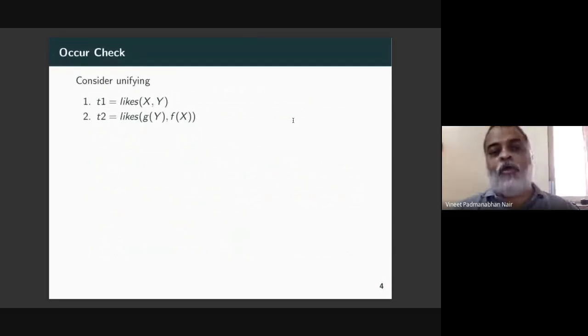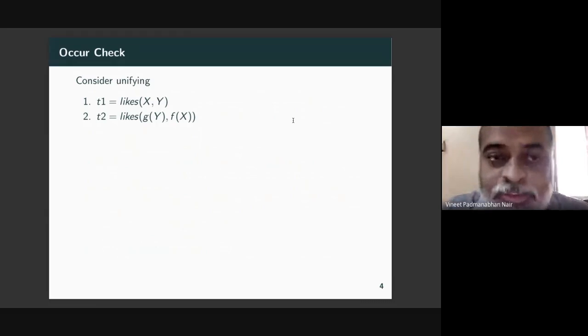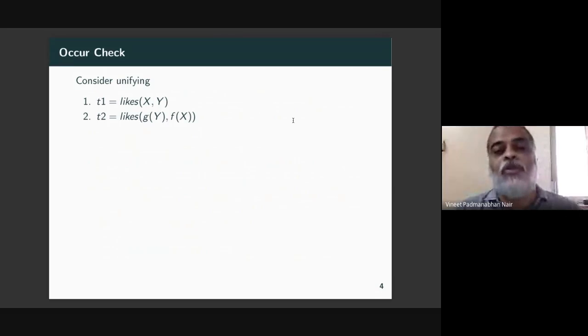Now, here also I'm giving you two terms, T1 and T2. If someone can tell me, is there a problem with this unification, or how will you try to unify this? Once you find the answer for this, then probably you understand the concept of occur check as such. Can anyone try to unify these two terms? T1 is x likes y.